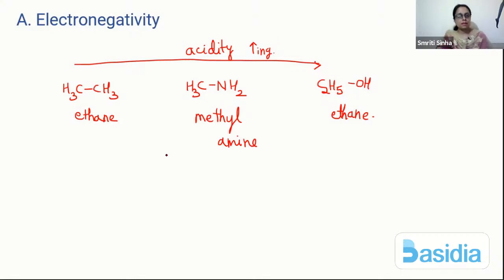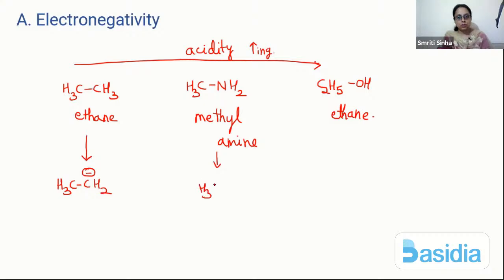The thing is, what is acid? Acid is any substance which is going to donate the H plus ion. If it donates the H plus ion, it will get converted to the conjugate base.